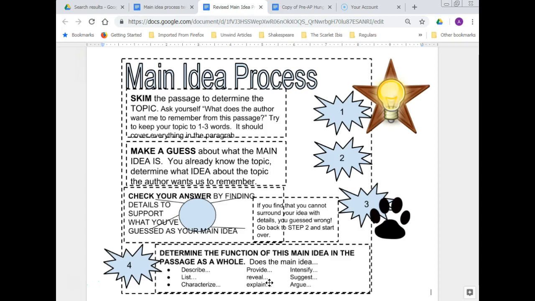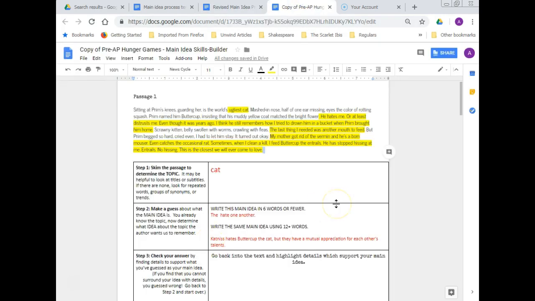She doesn't have a whole bunch of romantic notions about anything. She just looks for efficiency and efficacy in how she deals with things. But also it shows she'll do anything for her sister Prim, who wanted the cat in the first place. So that sums up the idea of finding main idea.